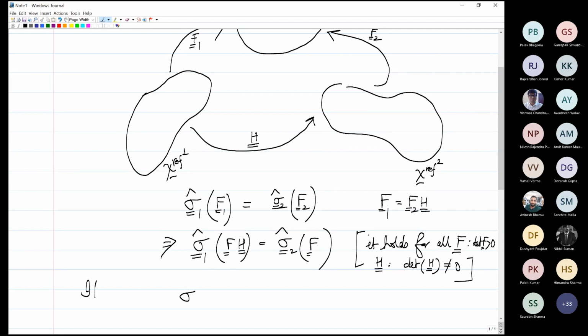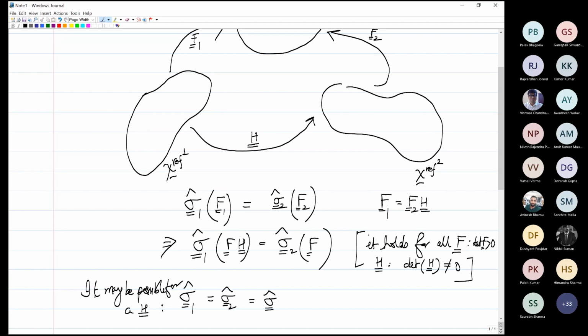So I'll just say here, it may be possible for an H such that sigma 1 hat is equal to sigma 2 hat. Let me denote that by just sigma hat. It is possible that the response function is the same.